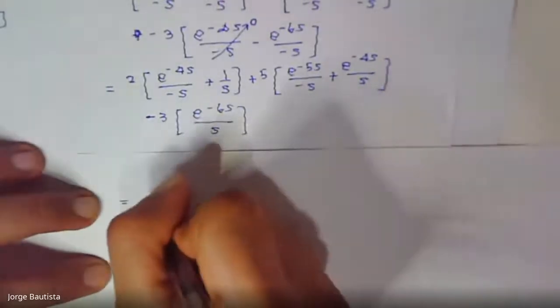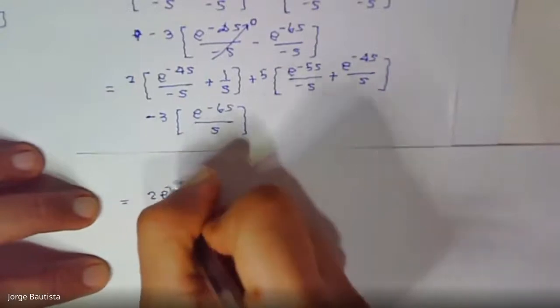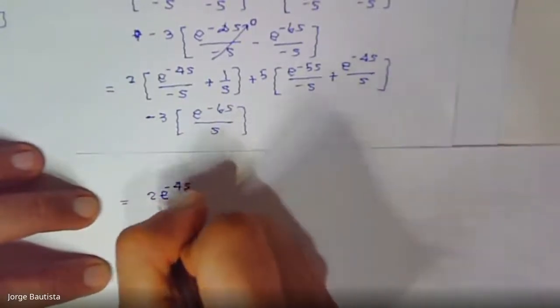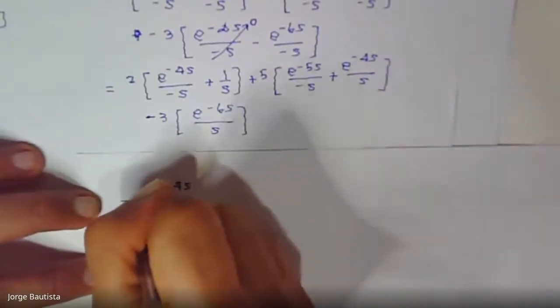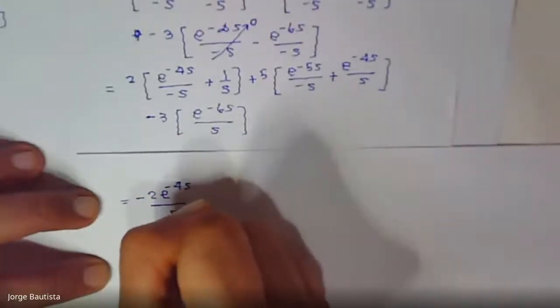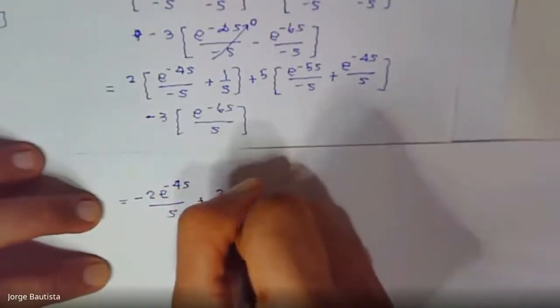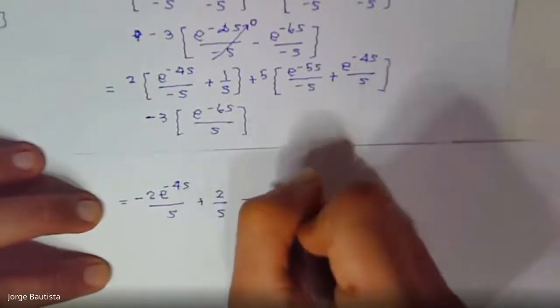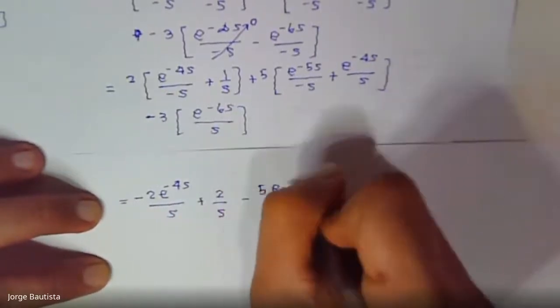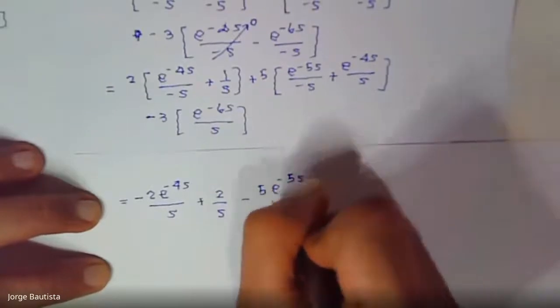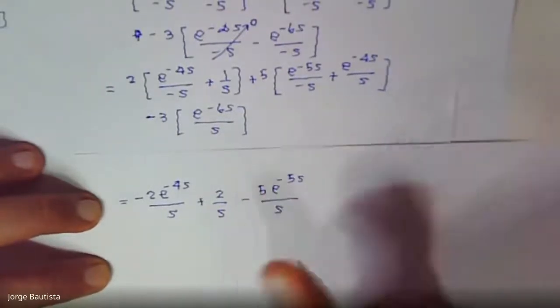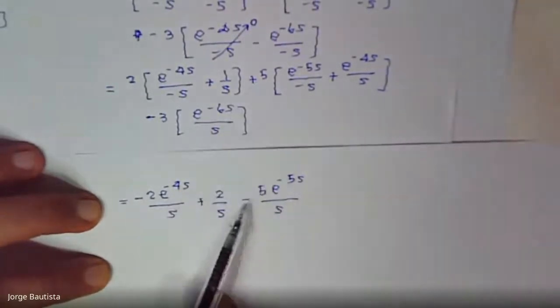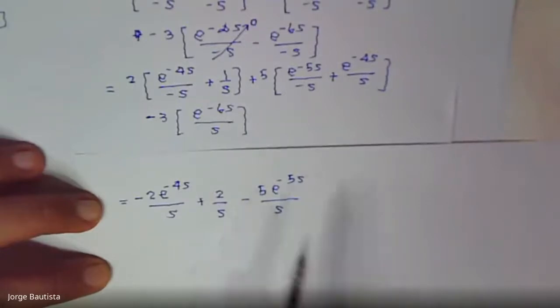So, you have 2e raised to negative 4s all over, lalagyan ko na yung negative doon. So, s plus 2 over s minus 5 e raised to negative 5s all over s. O yung minus na yan, ito na yun. Okay?